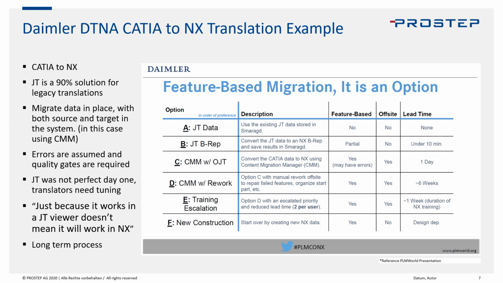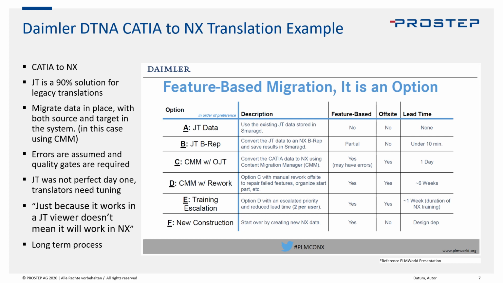They could do an automated CMM, that's the content migration manager provided by Siemens, that has a kind of in-place translation engine. They could do the CMM with rework, and that takes some time. And then do basically a new construction, right, as part of what that is.